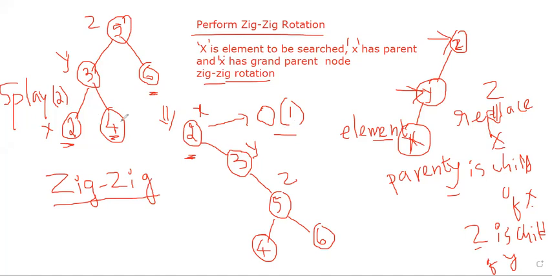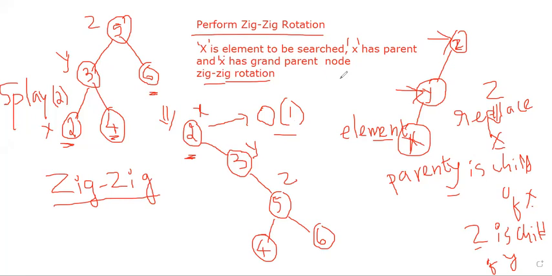So by doing this, we reduce the time complexity, but the cost is that you have to rearrange the elements. Every time you perform the splay operation, elements of the tree are rearranged.